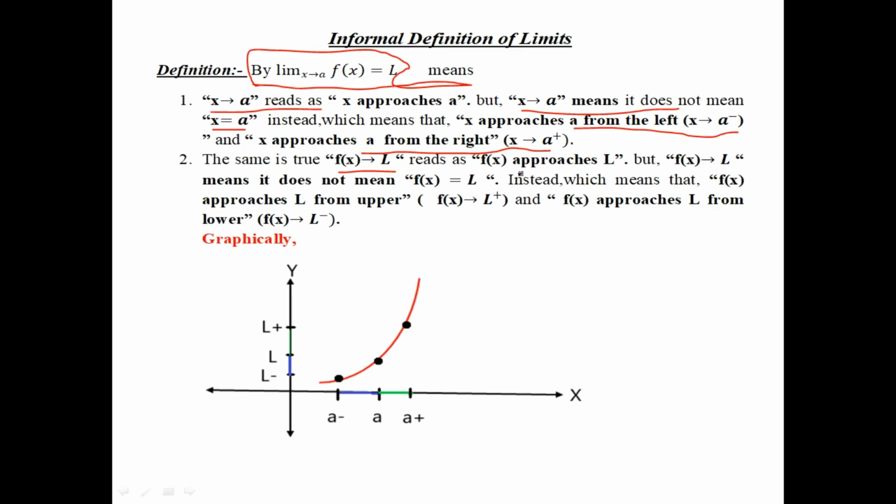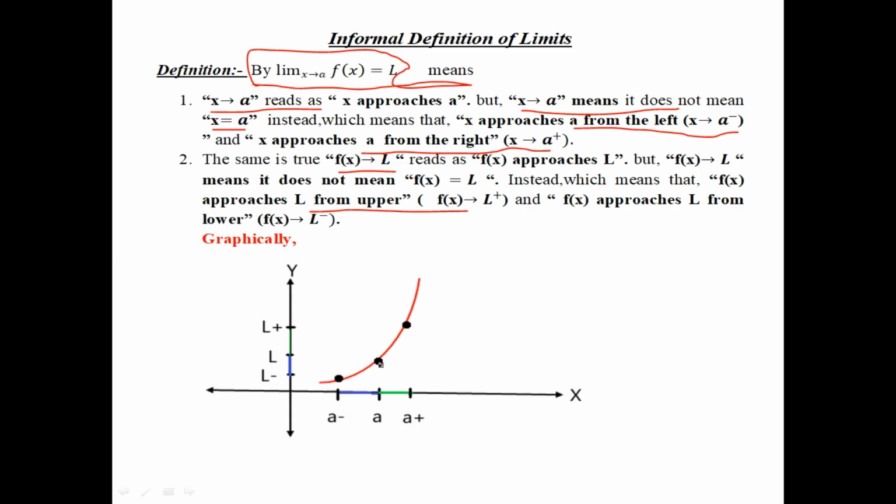read as f of x approaches L, but f of x approaches L does not mean f of x equals L. Instead, it means that f of x approaches L from above, and f of x approaches from below.